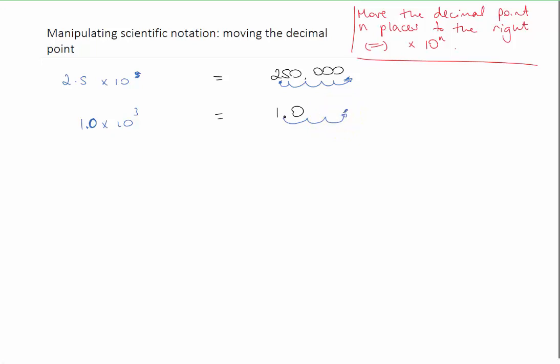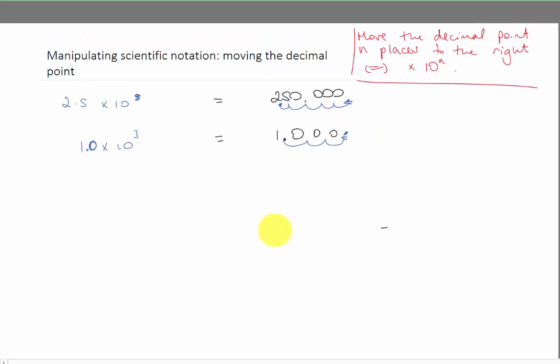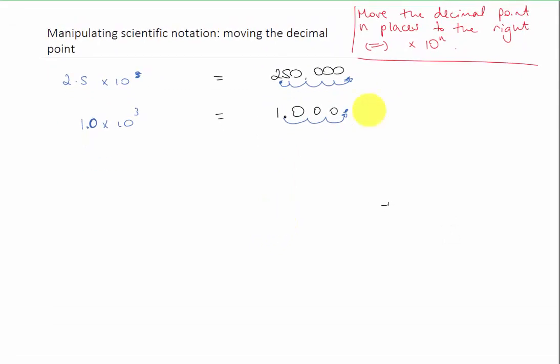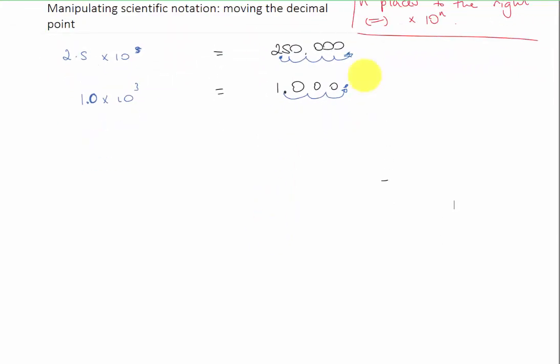So now it's here. And I can fill up these spots with zeros. So that's 1,000. And that's the same as saying 1 times 10 times 10 times 10.